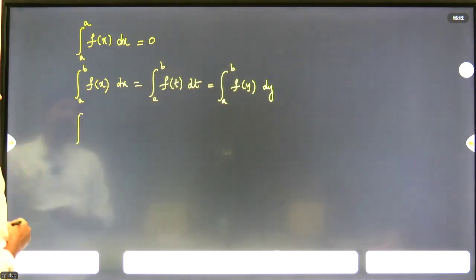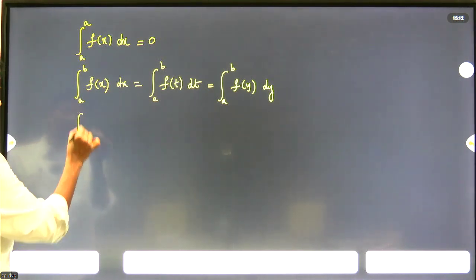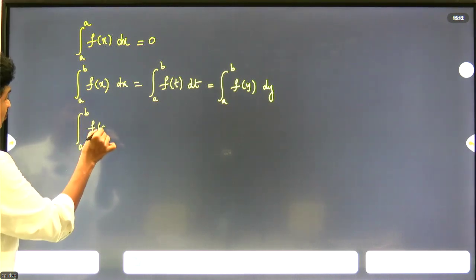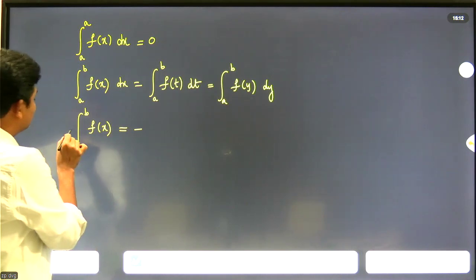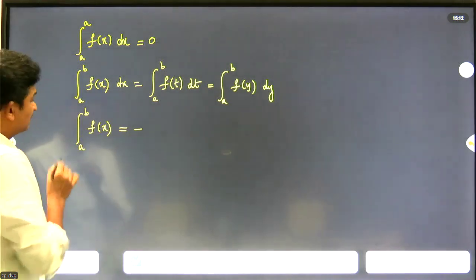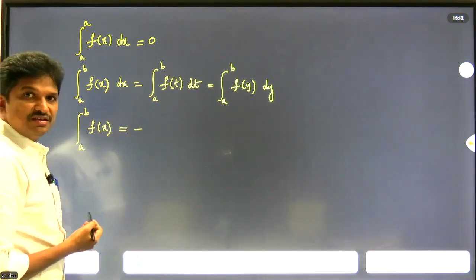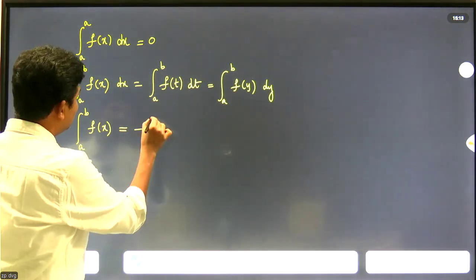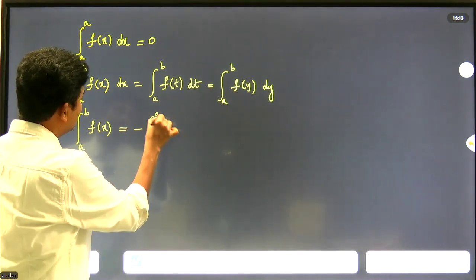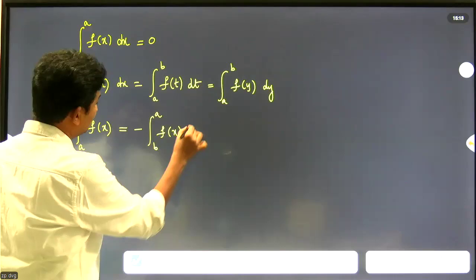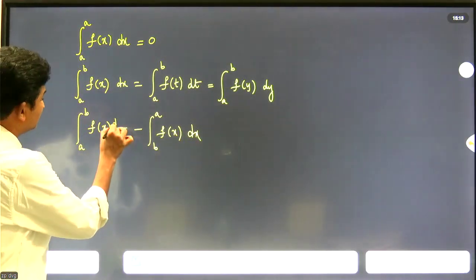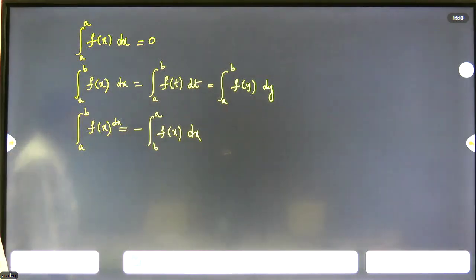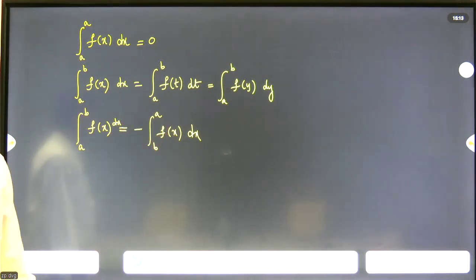Next, third property. If you want to interchange the limits, you can interchange just by changing its sign. Suppose your plus sign is there, you write minus. If minus sign is there, you change its sign to plus, right? Integral of a to b f of x dx is minus integral of b to a f of x dx.